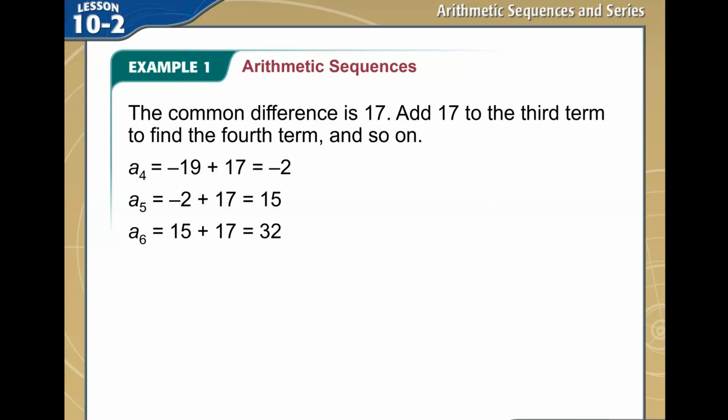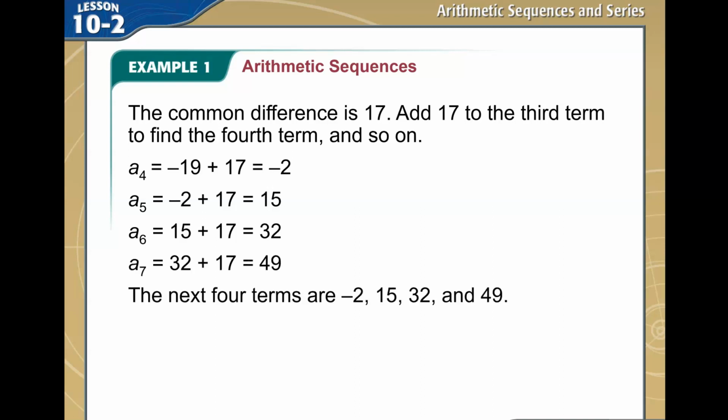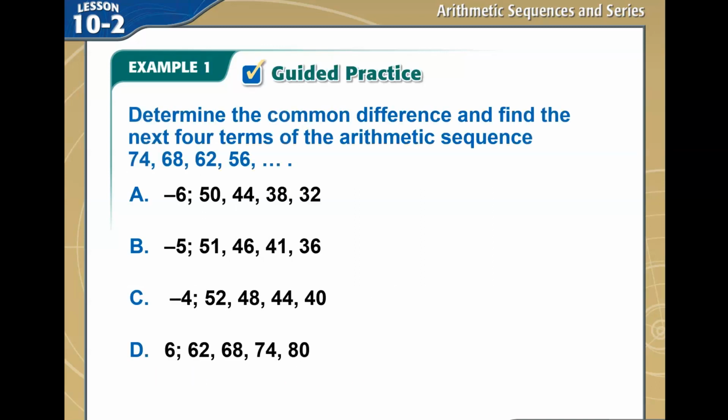This is how you find the common difference to find the next term, similar to what we were doing before, and these are the next four terms. Now this is your job: determine the common difference and find the next four terms of the given arithmetic sequence. Pause this video to solve it, just to check if you understand or not.